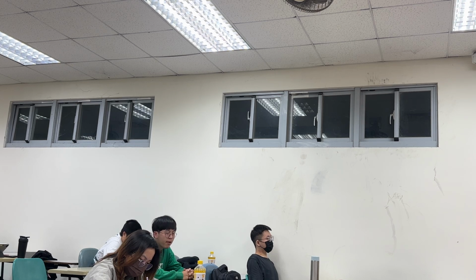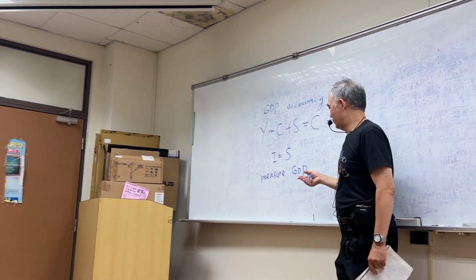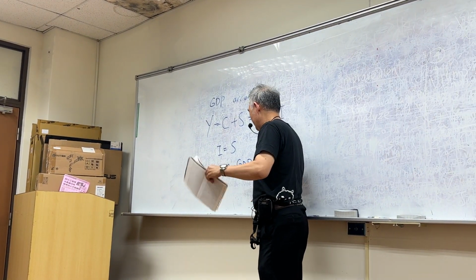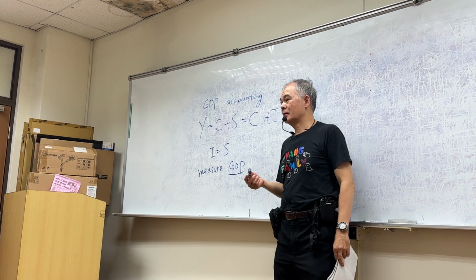So we have to measure specifically, what kind of items that you're gonna take as GDP. 消费 Okay? 投资 Okay? 政府支出 Okay? 还有那个进出口, net exports.